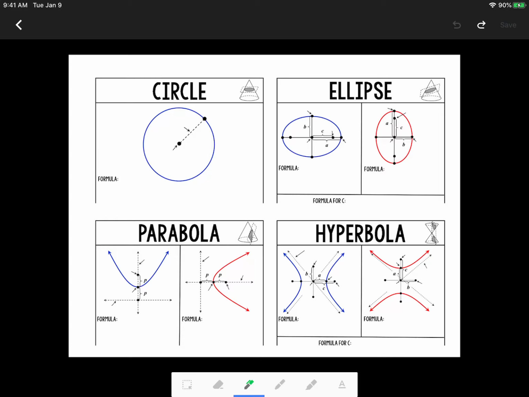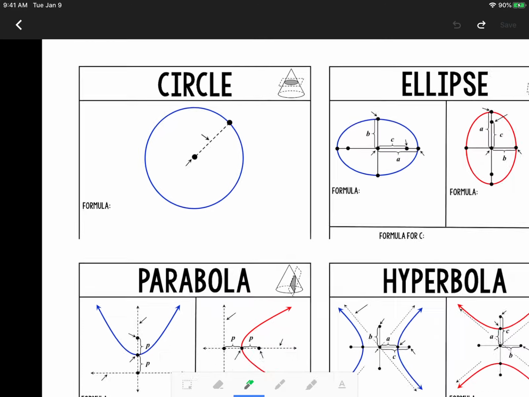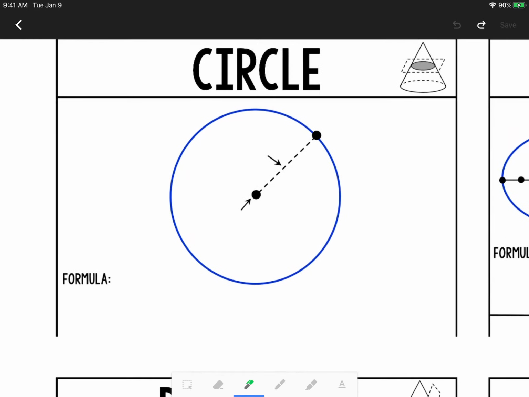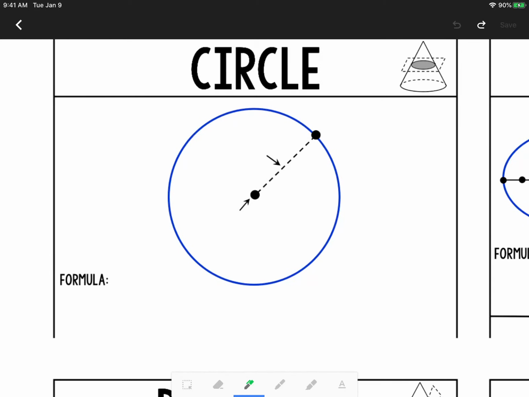I'm going to go ahead and dive right into the circle, the one you're already familiar with. For each of these shapes, I'm going to go through the identifying features, those key features, and write out the formula. So let's start with the circle. The first thing that's going to be the same across all of these conic sections is that center point.